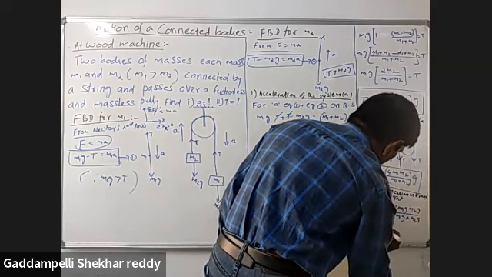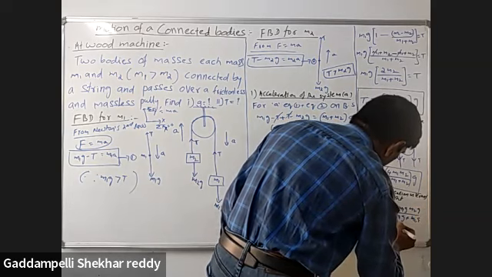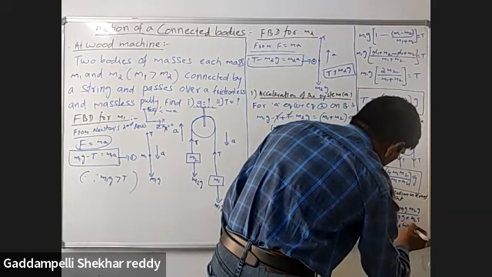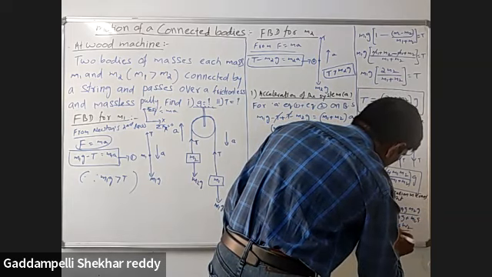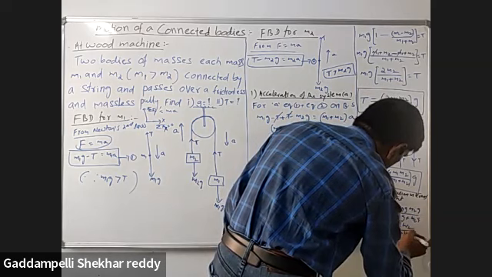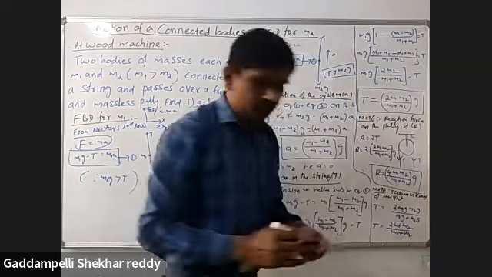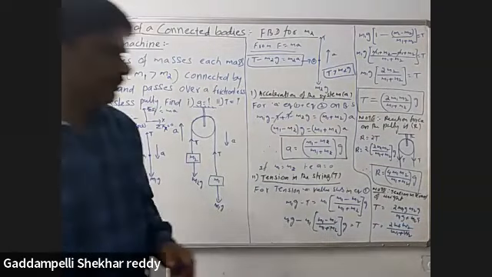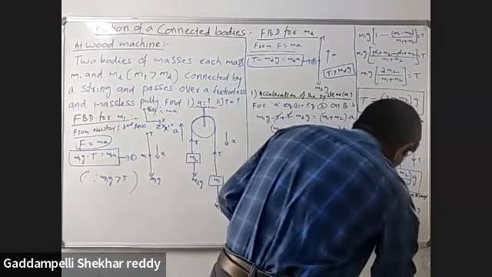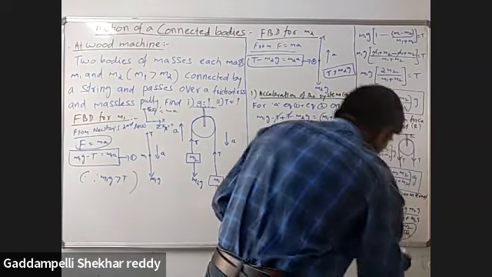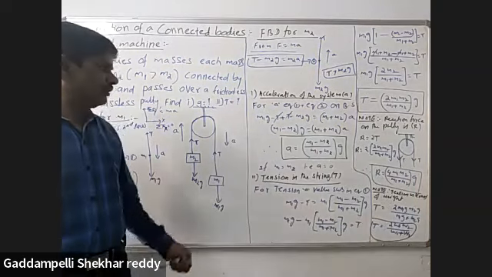Therefore T is equal to W1 W2 by (W1 plus W2). So this is tension in terms of weight.